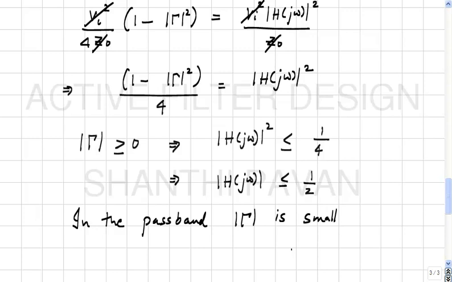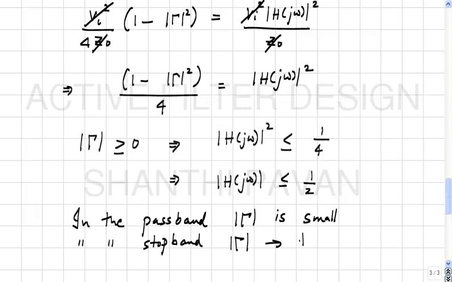So in the stopband, this makes sense because in the stopband there is no voltage across the load, which means no power is being absorbed in the load, which means none of it is being absorbed at the input of the LC network, which means all the power is getting reflected back, which means the reflection coefficient is close to 1.